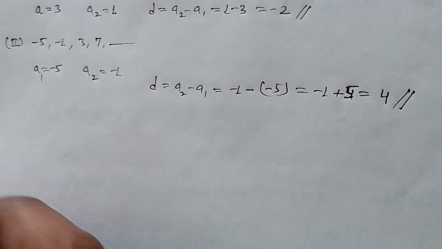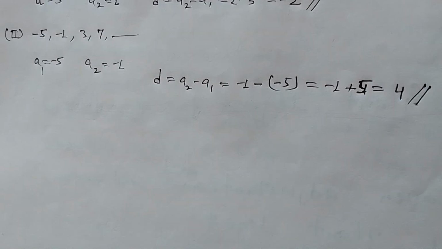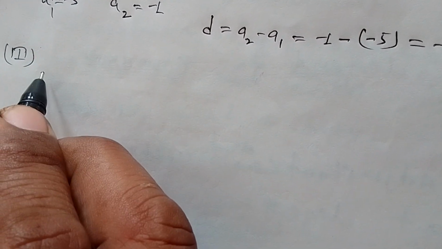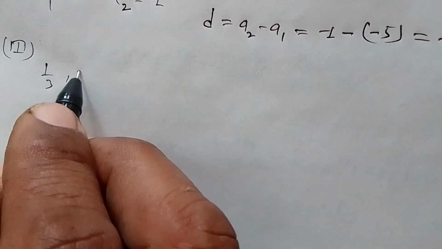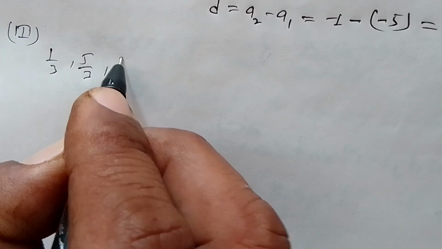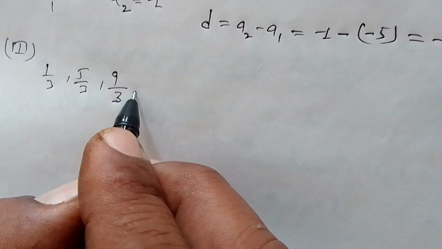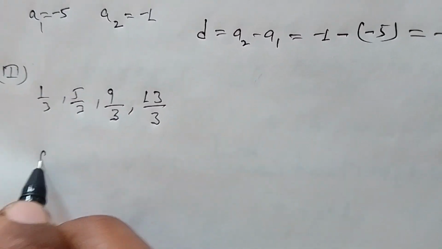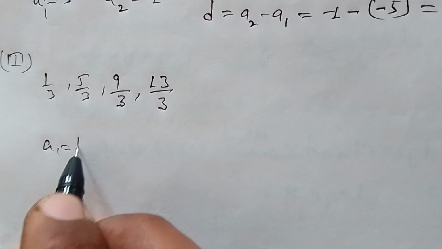Now the third part of the question, having the series 1 by 3, 5 by 3, 9 by 3, and 13 by 3. Here the first term A1 is 1 by 3.